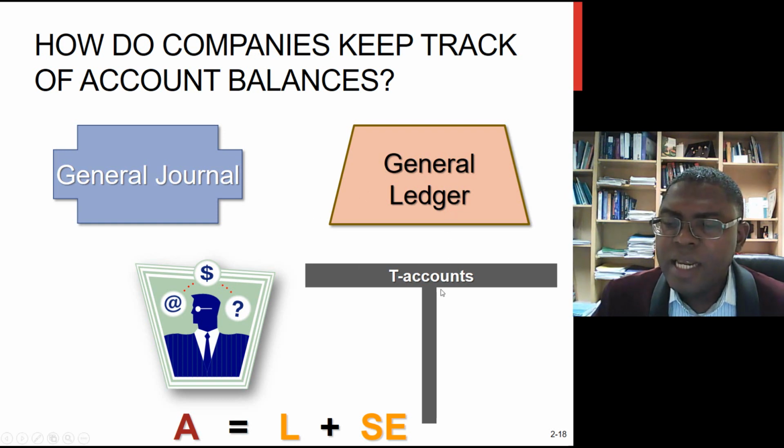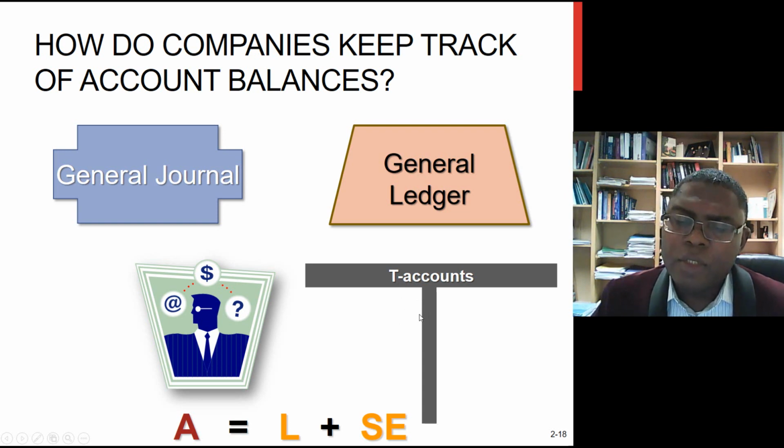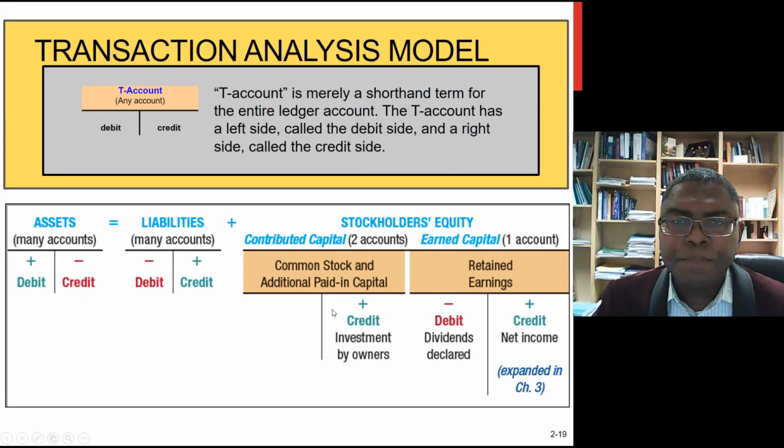In the general ledger, we follow what we call the T account, which is a way of doing posting to show how that transaction affects each account. So the specific accounts that we identify, we will be able to record that transaction to show how the account is going to change. And of course, at the end, the balance sheet equation should always remain the same.